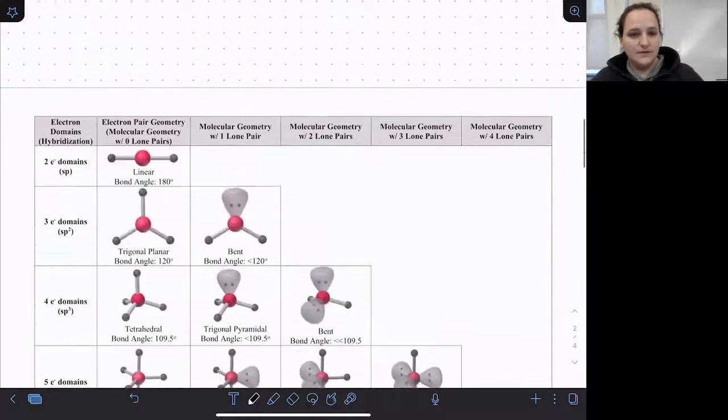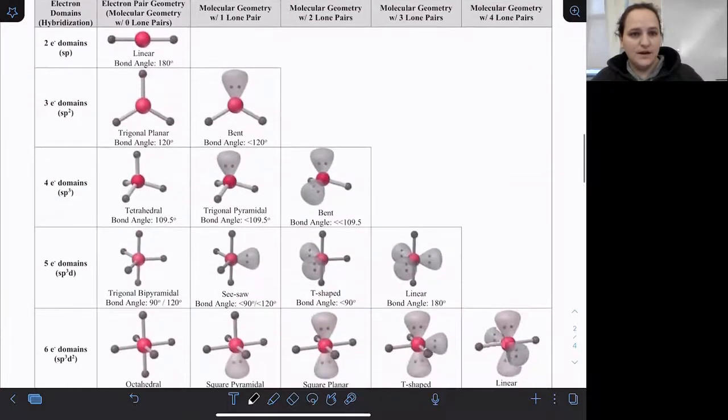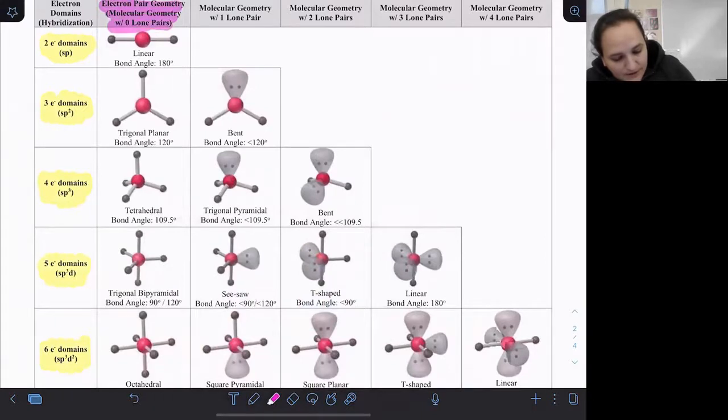So you will receive this as a handout, so you don't need to copy all of this down. It is already posted on Google Classroom, and you'll get a paper copy in class if you haven't already. So this shows us our different combinations of how many electron domains each of these different shapes has, and how many lone pairs on the central atom each of these shapes has.